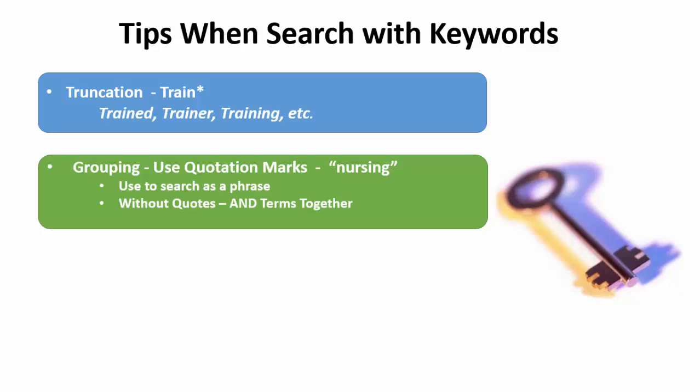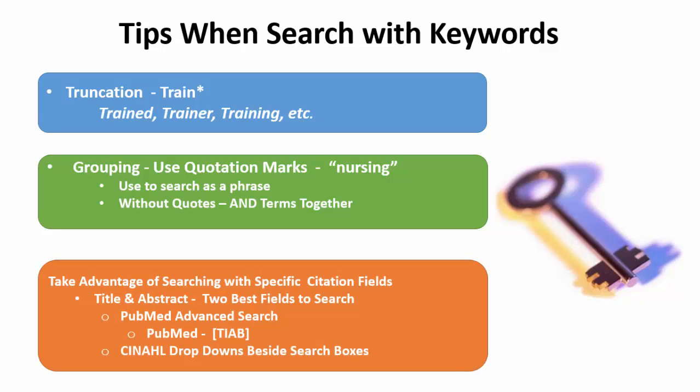So hospital and acquired and infection. And what that does to your search is it makes it so you're not always getting just hospital-acquired infection, but you're getting also articles where any of those terms might show up. I will show both of these in a moment in an example in PubMed.